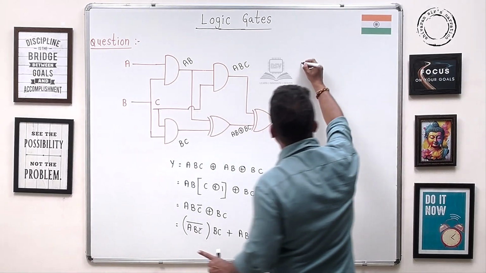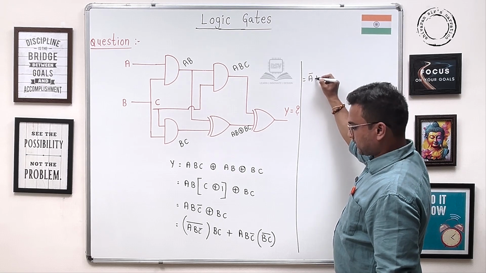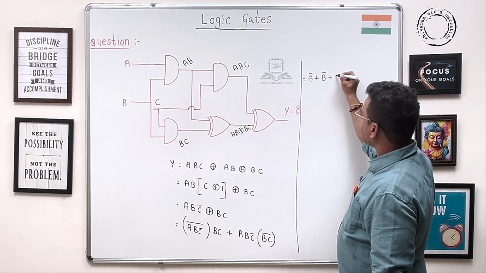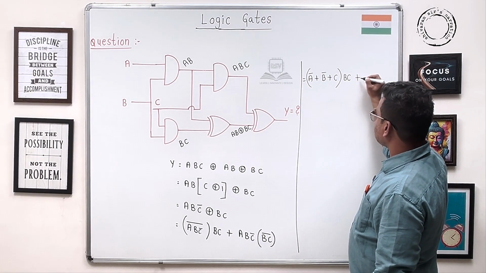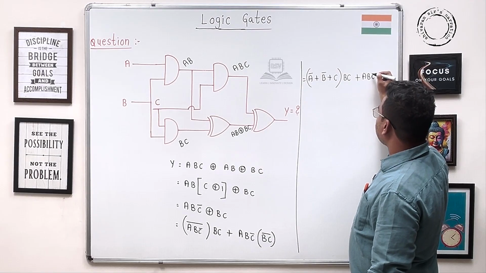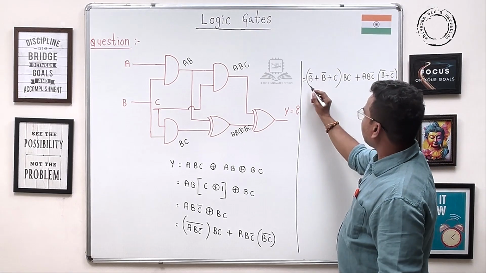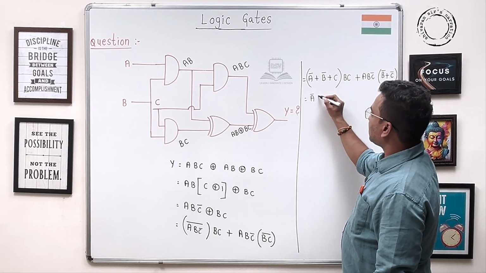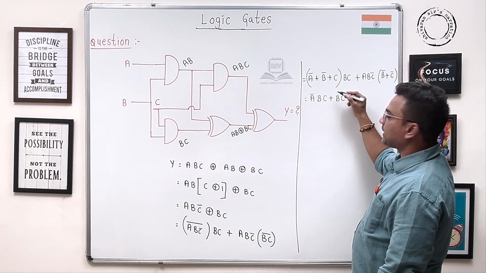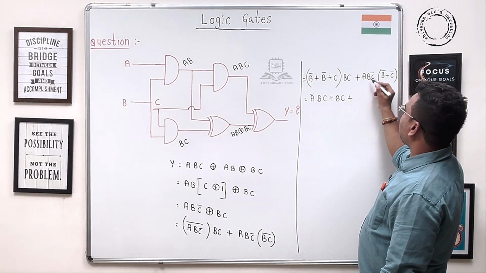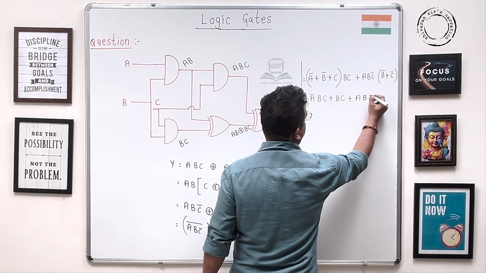Now when we simplify, it is (A bar plus B bar plus C) into BC plus ABC bar into (B bar plus C bar). Now guys, here it is A bar BC, B into B bar is 0, B into C, BC into C is BC, again B into B bar is 0, and this is ABC bar.